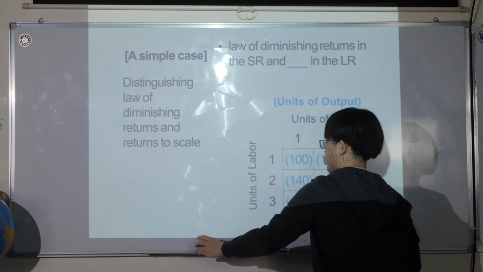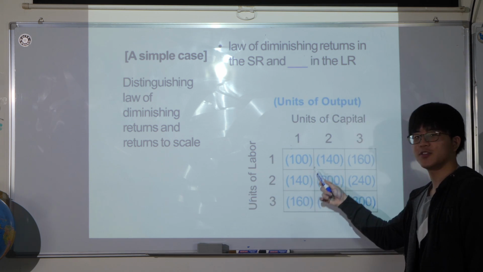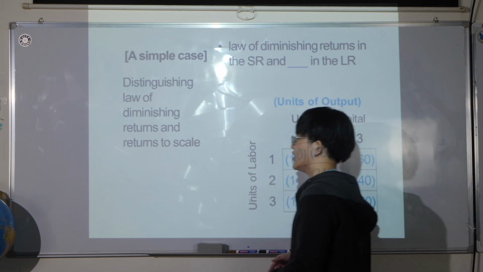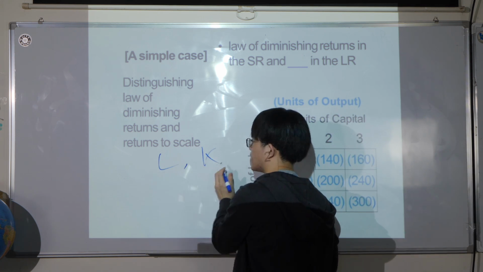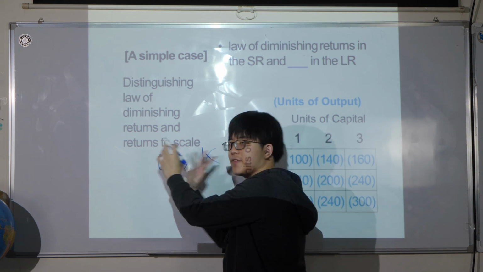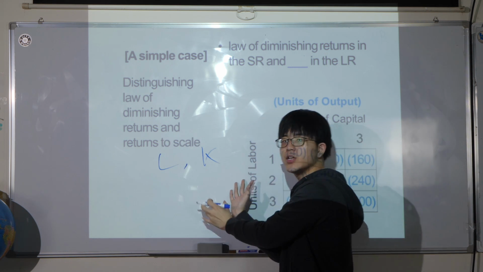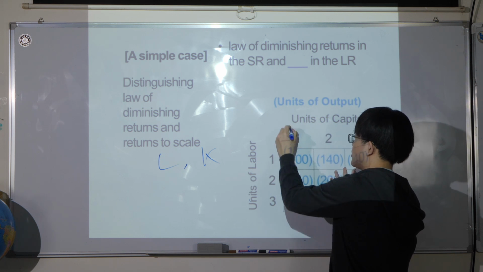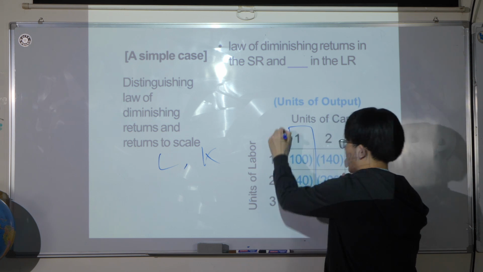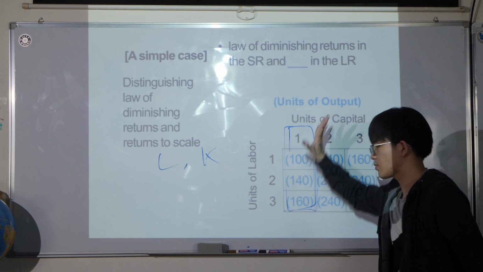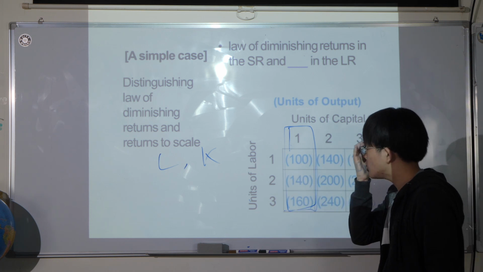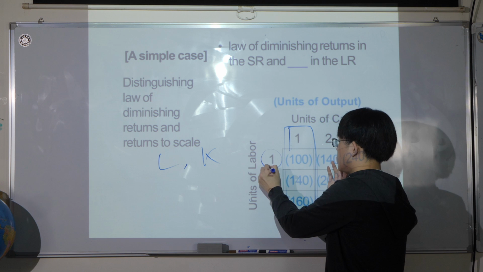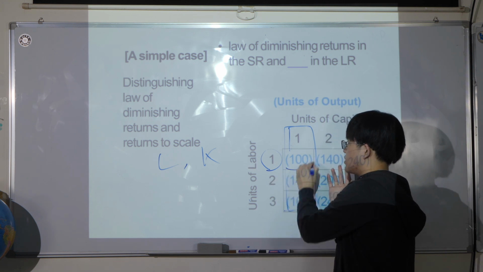Okay. Now we will distinguish the law of diminishing returns. The law of diminishing returns is quite tricky because I already mentioned that we should decide which factor, labor or capital, we fix and which factor we change. So I will fix the unit of capital as 1. So we will only think about this column, and we will change the unit of labor. When it is 1, the quantity produced will be 100, right?